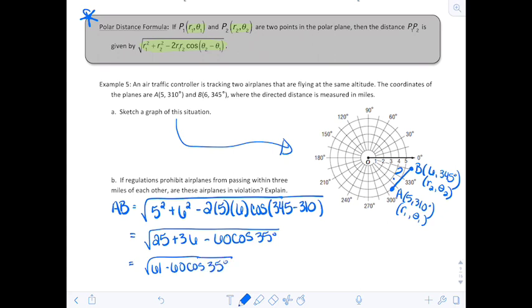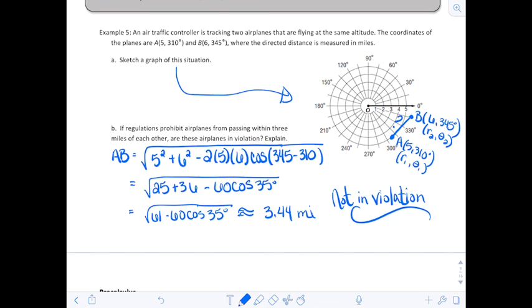A lot less room for error plugging that in. And when you go to your calculator and you evaluate this, your decimal value is about 3.44 miles. So if they're not allowed to be within 3 miles of each other, they are not in violation. And that's a good example of how we can use that polar distance formula.